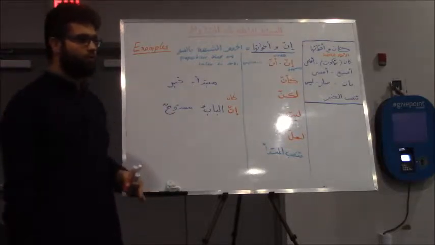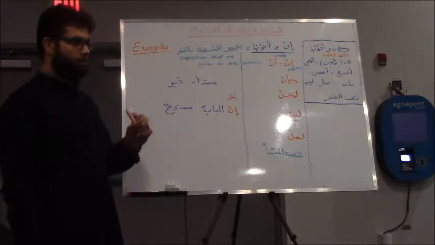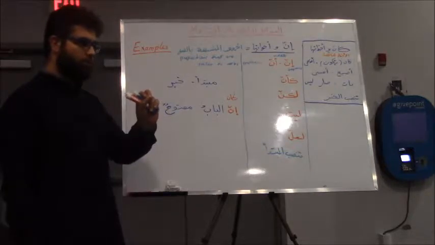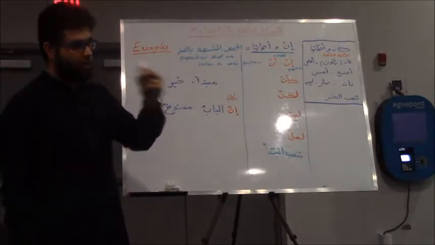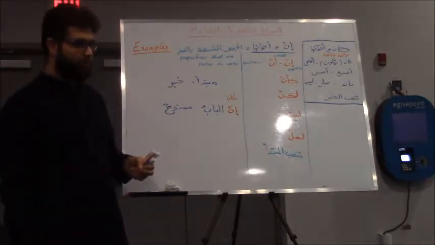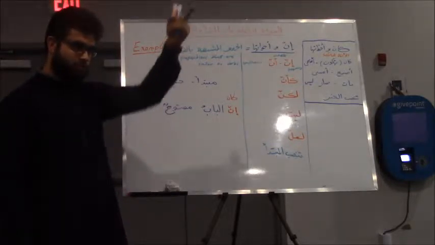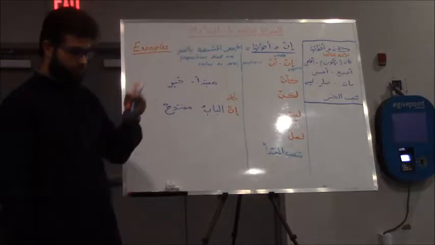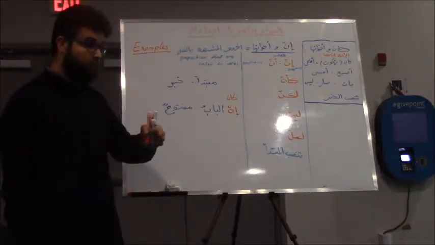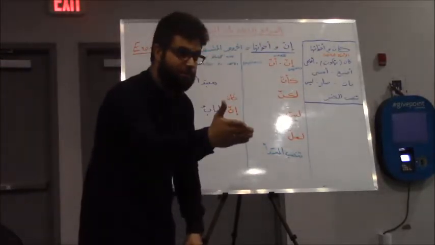But then I come to you and I question whether you and I understand what is open. Like something's open, but maybe it's not. Maybe you're talking about the major door, the main door, or a smaller door, or the window. Maybe we're not clear, so we say inna al-bab maftuh.